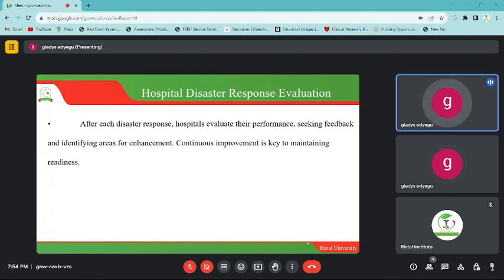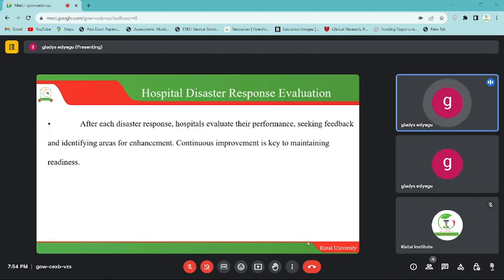So I want to say that when we have a disaster, let's not take it like it has happened, we have been able to handle it, and you leave it at that. But when a disaster happens, take it as a way of learning more. Take it as a way of you actually improving your skills on how to handle another disaster when it occurs.